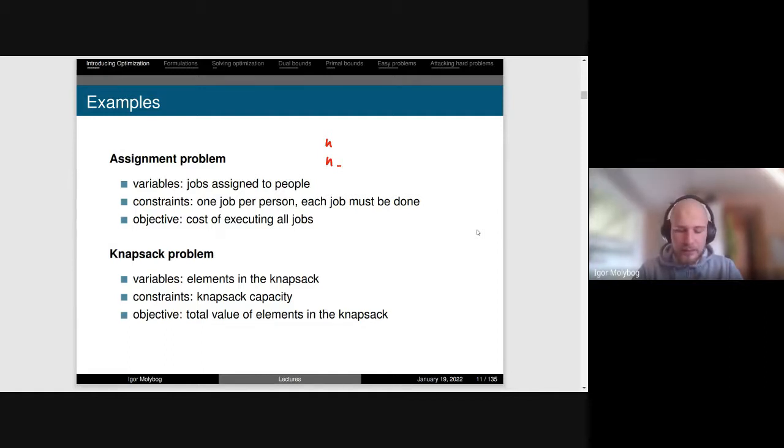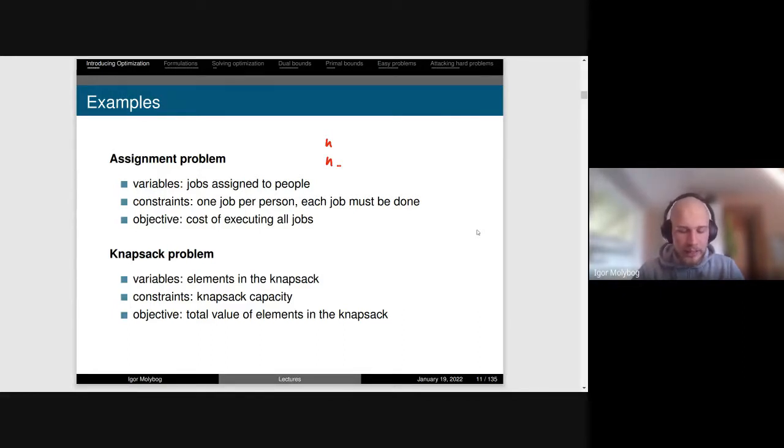Every person has a certain cost of executing a particular job. A person who is good in math, probably the cost of doing math for him is lower than a person who is doing, I know, engineering. So basically, we would like to make the cost of executing all jobs as small as possible, while doing all of the jobs.